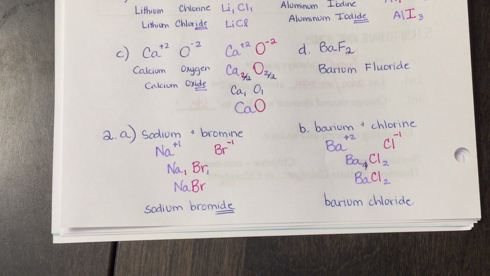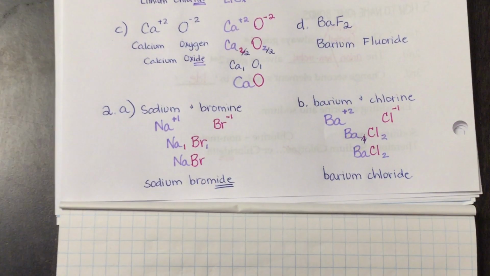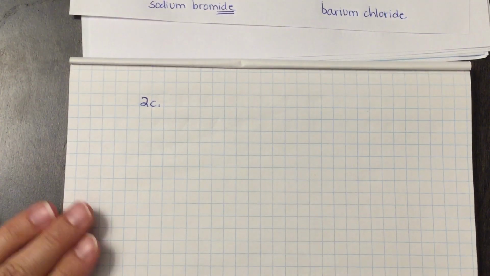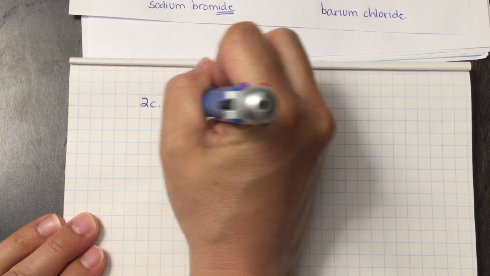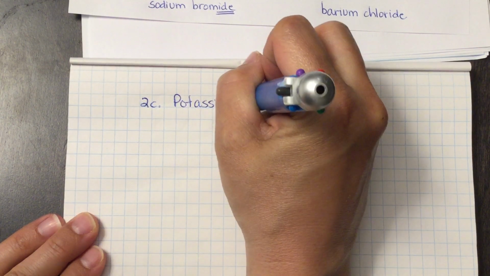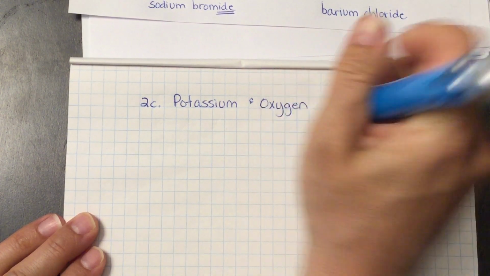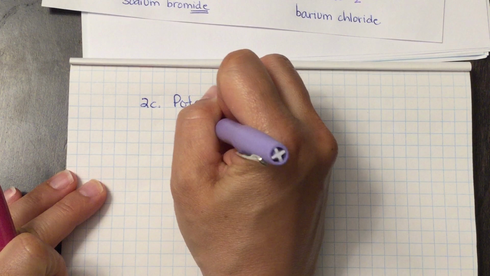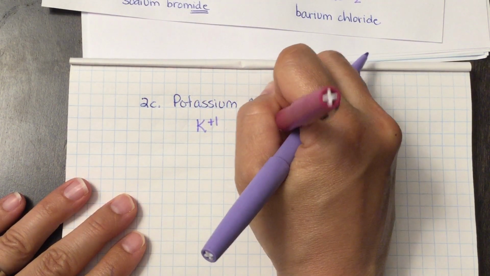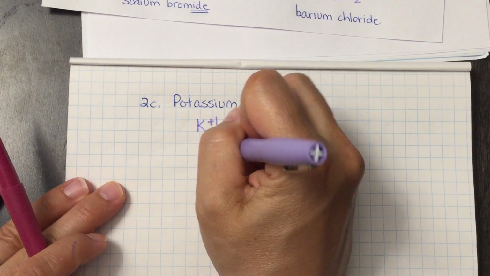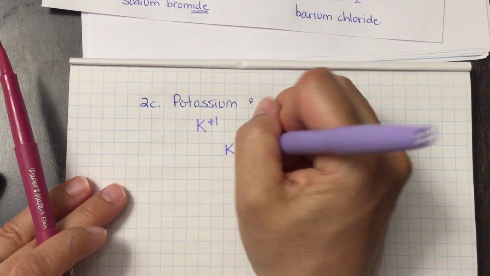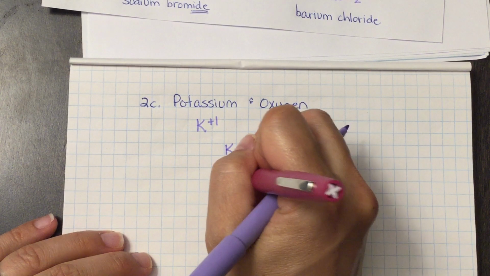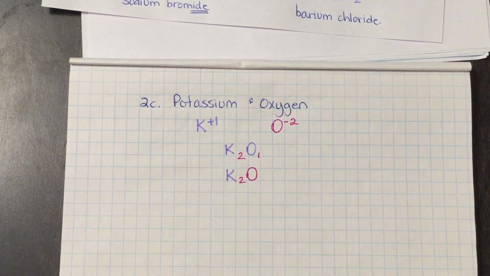Get ready to pause the video so you can try the next one before you check your answer. Okay. 2C, potassium and oxygen. Okay, charges for potassium, oxygen. When we combine them, and finally, and that's it.